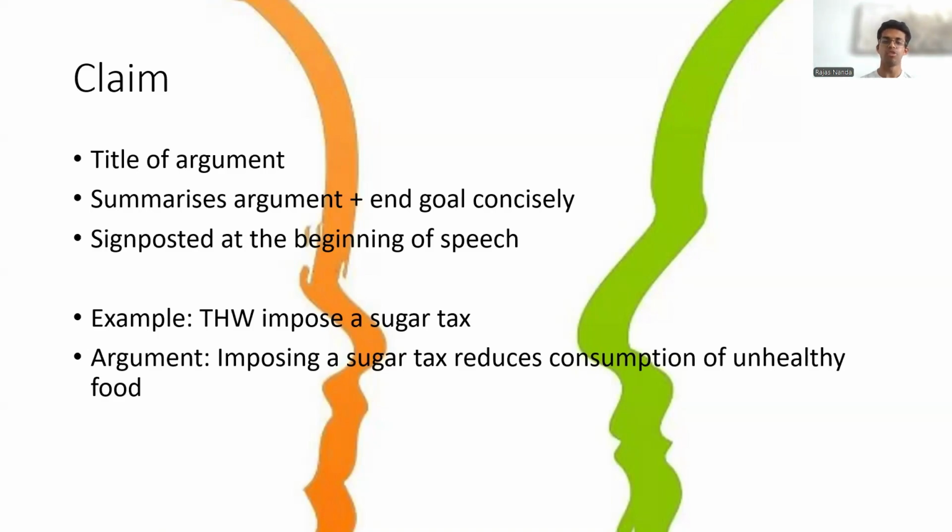So at the start of your speech, you should be saying, okay, I'll be proving 2 things in my speech. Firstly, why working from home is less detrimental for the environment. And secondly, why working from home allows you to have more family time and is better for your mental health. So those would be the 2 claims that you put at the start of your speech as your table of contents. And then you go into the speech itself and go into each of your arguments.